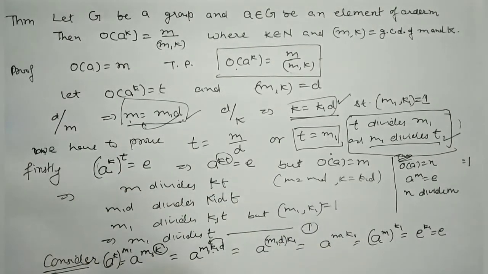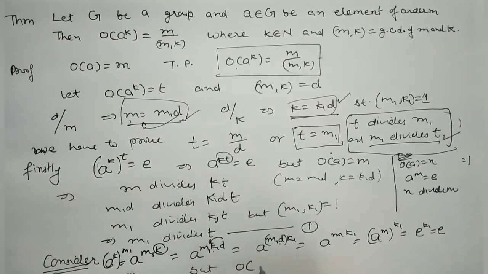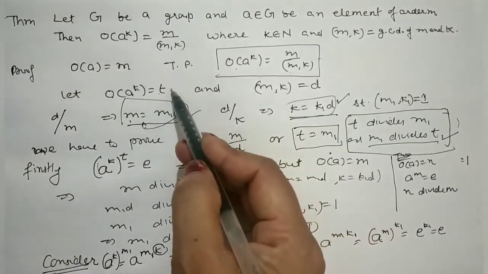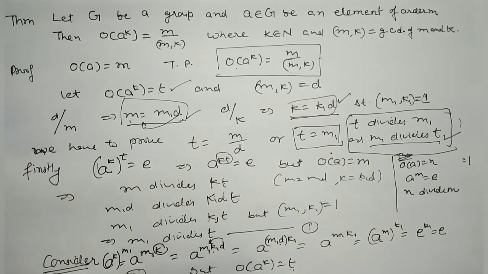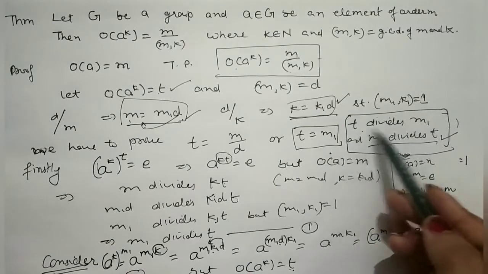So what does it mean? (a raised to power k) raised to power m1 is identity, but the order of a raised to power k is t. We have taken this order as t. So the order will divide any other number which makes that number identity. Therefore t will divide the other number, that is m1. So this is our second thing, t divides m1.